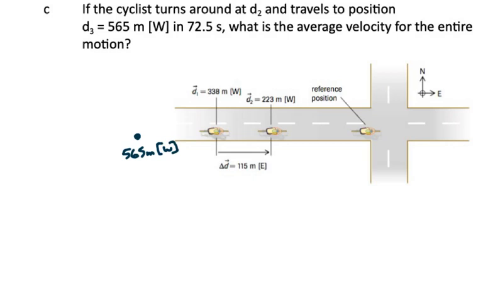Displacement is defined as the distance, and I know I shouldn't be using distance to define this, but it is the distance from the start point to the end point. Start point is at D1. End point is at D3. The cyclist has done whatever he has done in the middle, but in the end, the basic motion was going from point D1 to point D3.